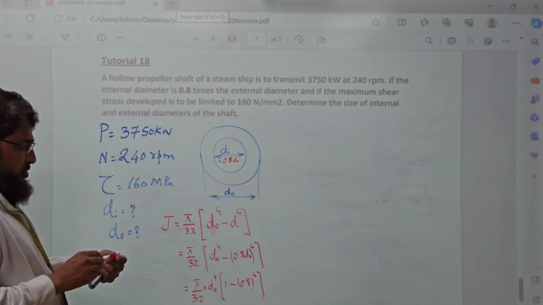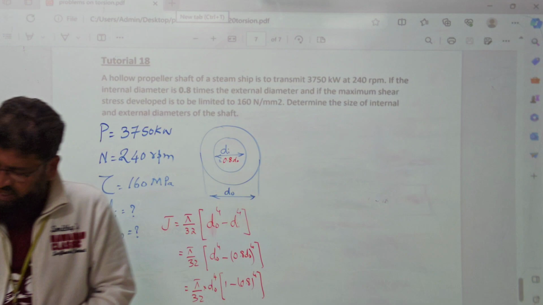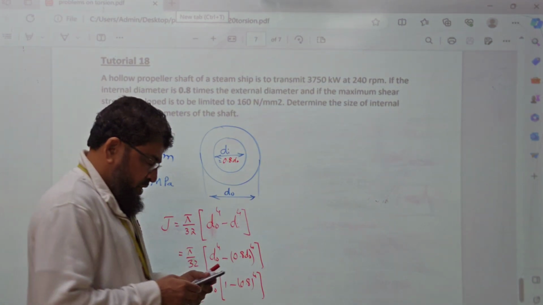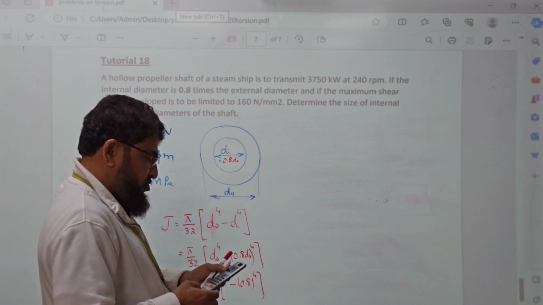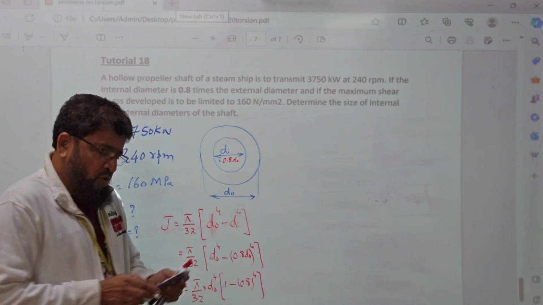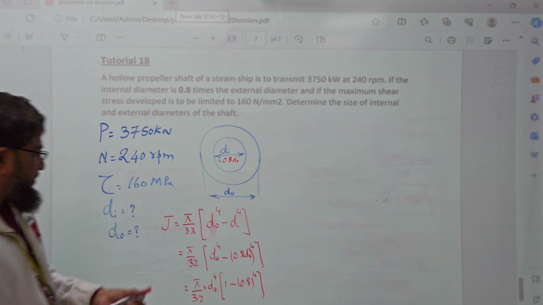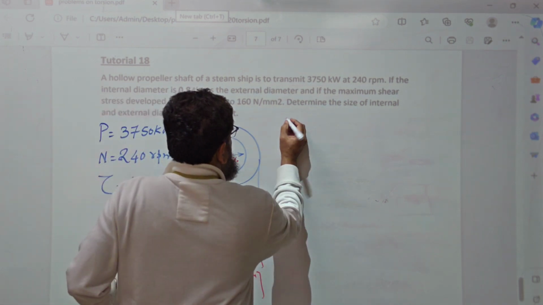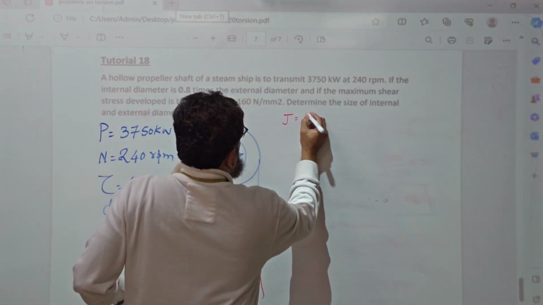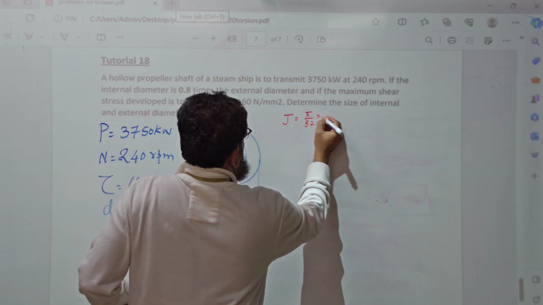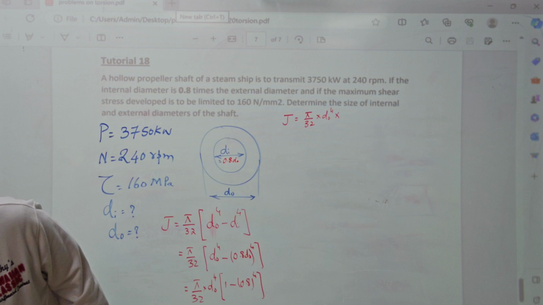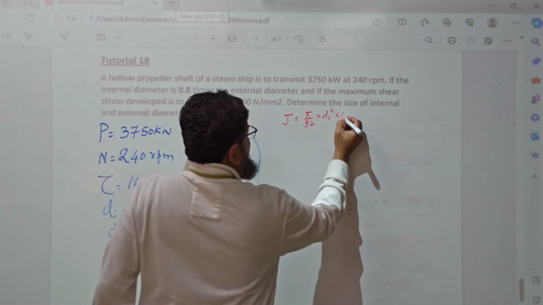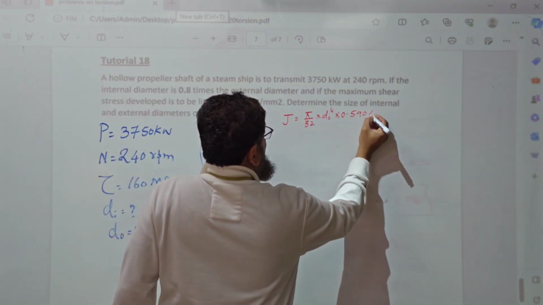Now see what is the value of 1 minus 0.8 to the power of 4. It gives me 0.5904. So I can write J is equal to pi by 32 into D naught to the power of 4 multiplied by 0.5904.